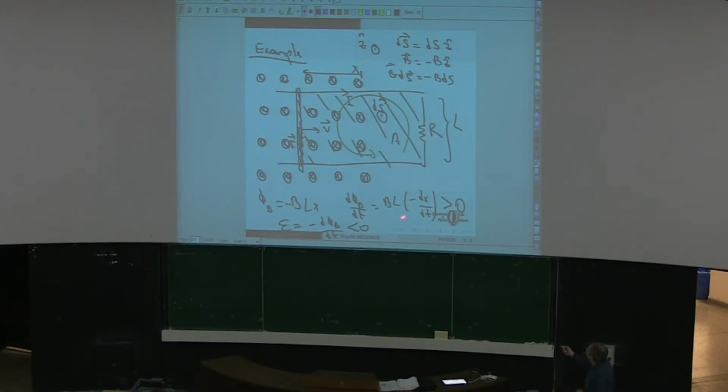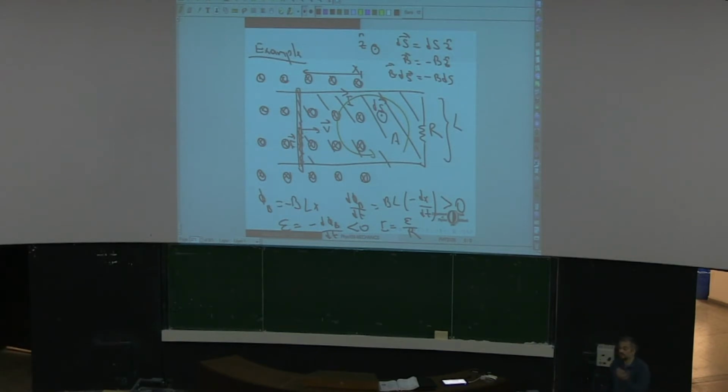Well, let's see, does the current change? We know that the current will be just epsilon over R. So does epsilon change? We assume that B is constant, L is constant. So if the velocity is changing, then the current will be changing.